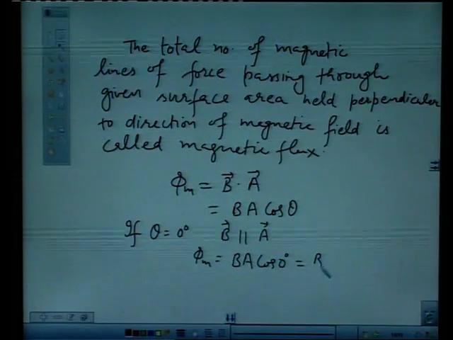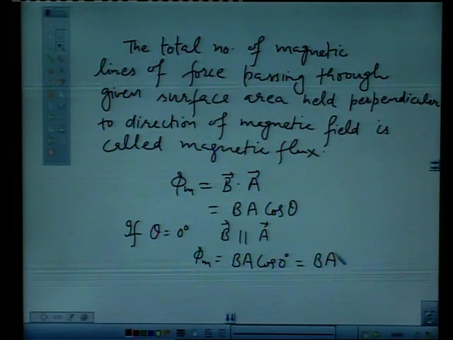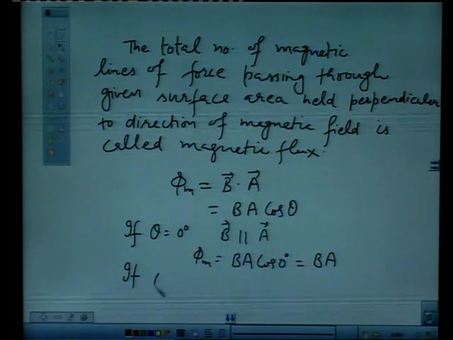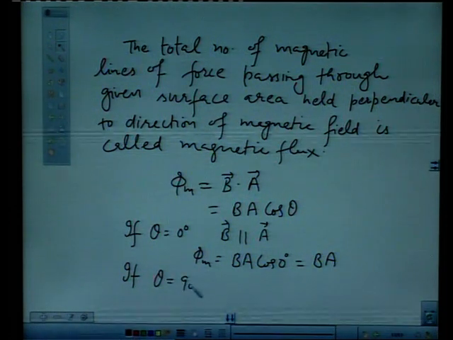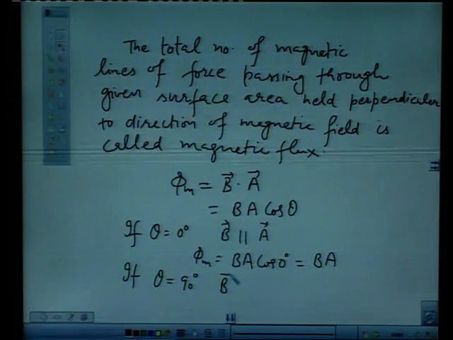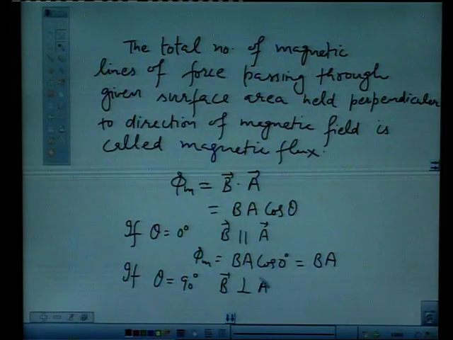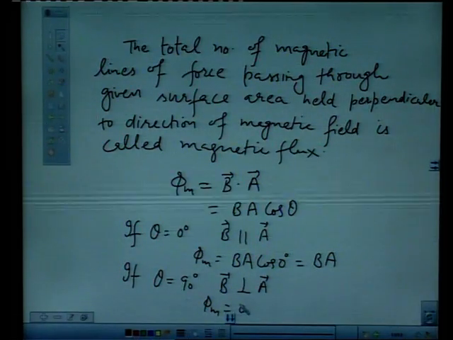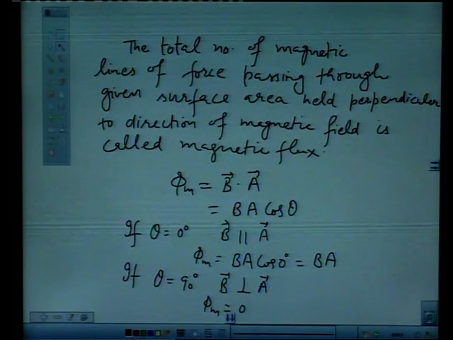This will be the maximum value of magnetic flux. If theta is equal to 90 degree, B vector is perpendicular to A vector and magnetic flux will be equal to 0. So, these are two cases of magnetic flux.